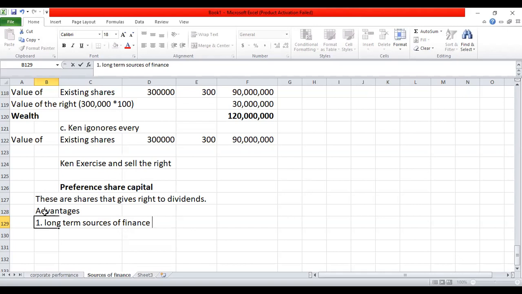Advantage number two, they do not interfere with management activities, because these shareholders don't attend the annual general meeting. They are not part of the owners, so they are not interfering with the management of the business.